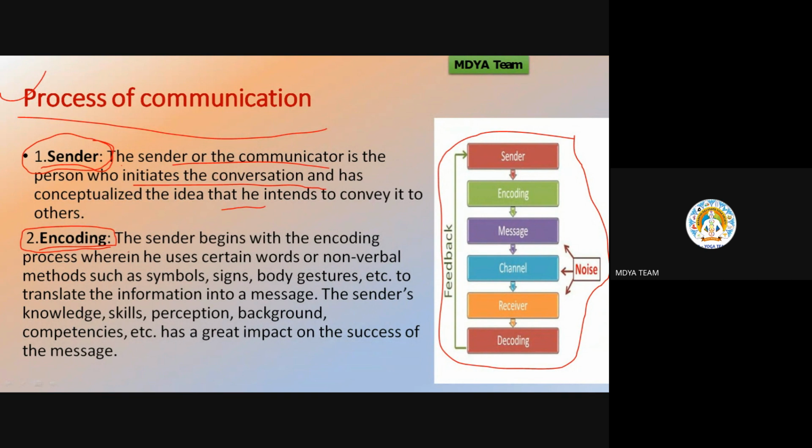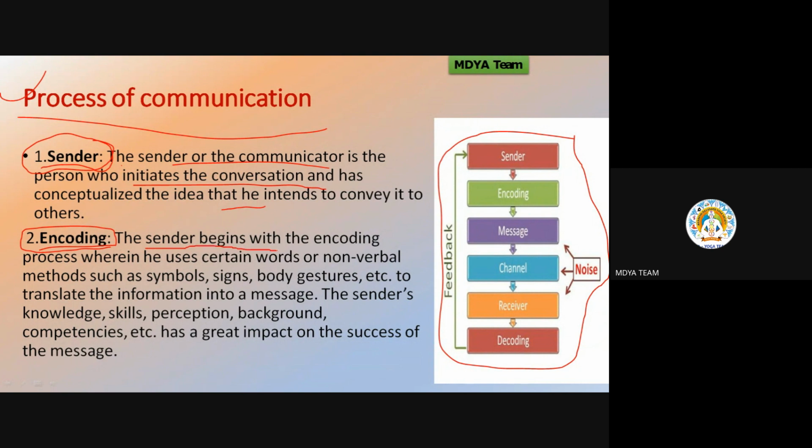Means what she or he wants to express, first he or she should arrange it. They arrange their thoughts into words or the message they want to convey.